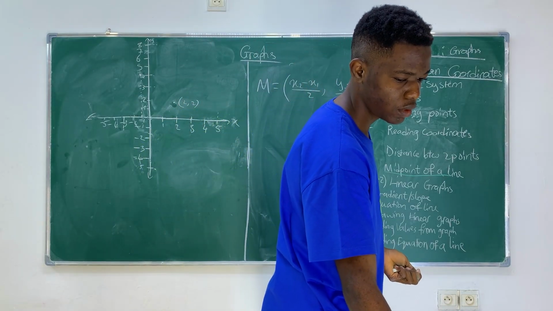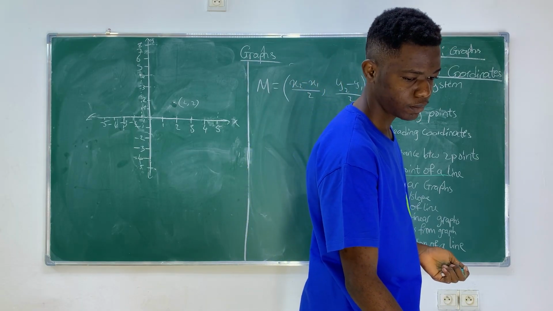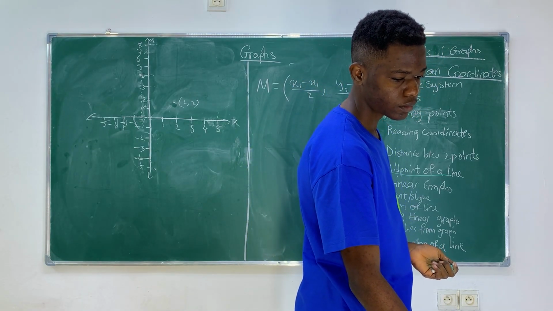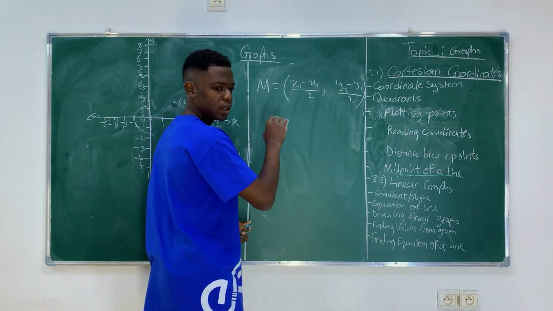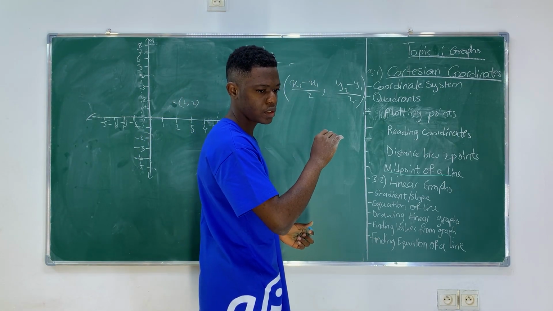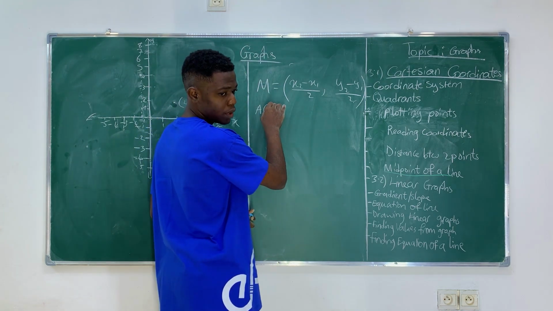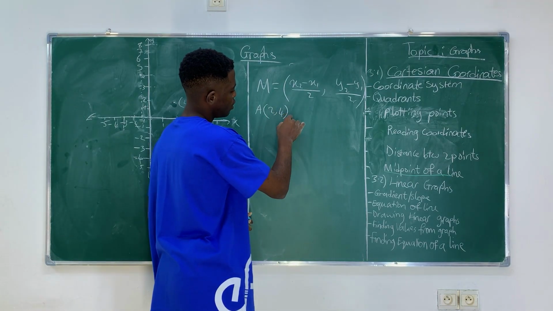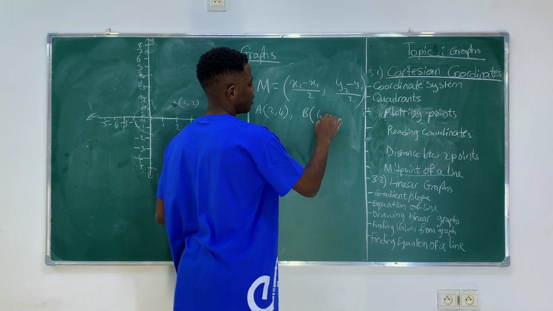Let's take an example. Calculate the midpoint between two points. The first point is A, 2 and 4, and point B is 6 and 8.